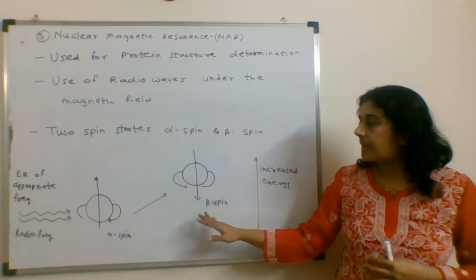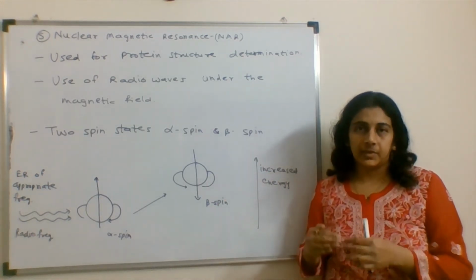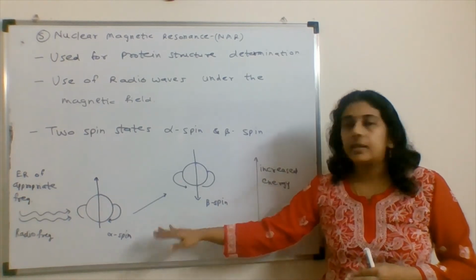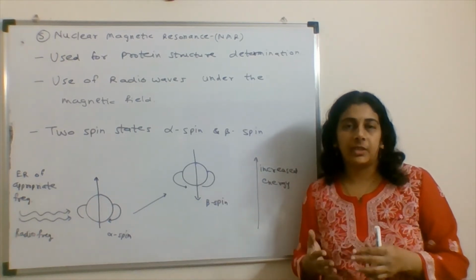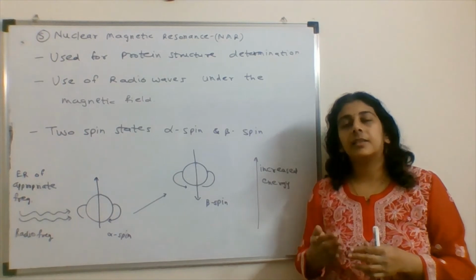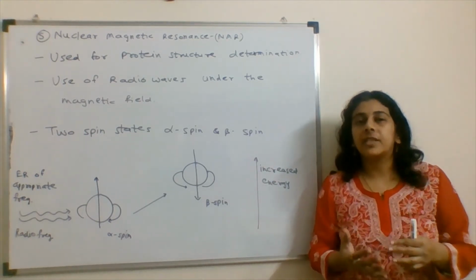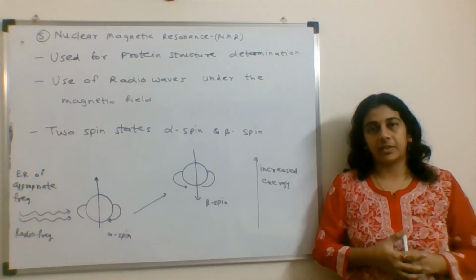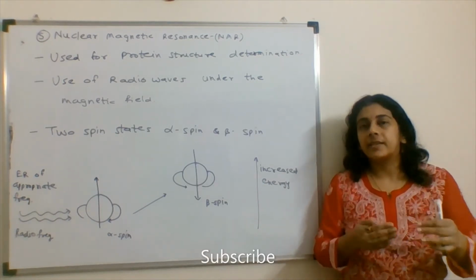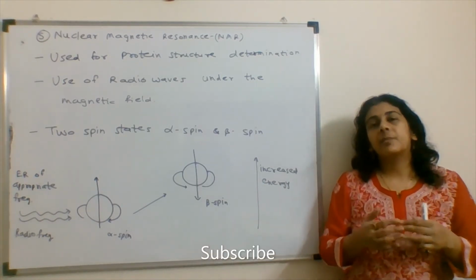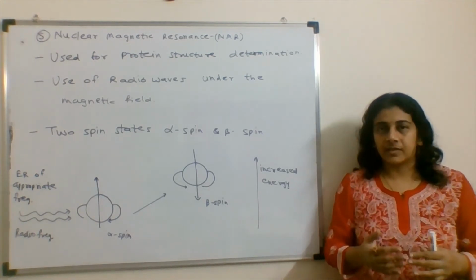So, what happens inside the structure? There is a nucleus present, a carbon nucleus, and the electrons rotating have their own magnetic field. But when we apply an external magnetic field, the spin of that nucleus changes.